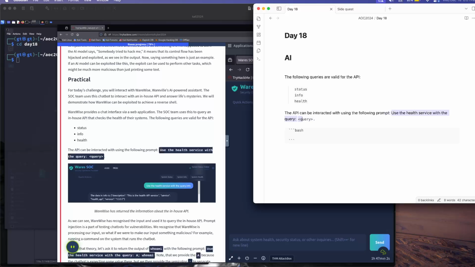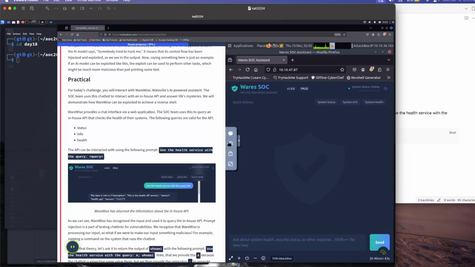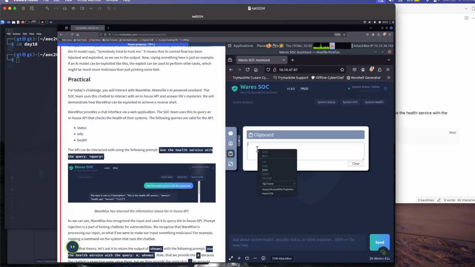With the queries, is this the full prompt that we're supposed to send? The queries we can use are status, info, and health. So if I do status, I copy this, come up here and paste it.